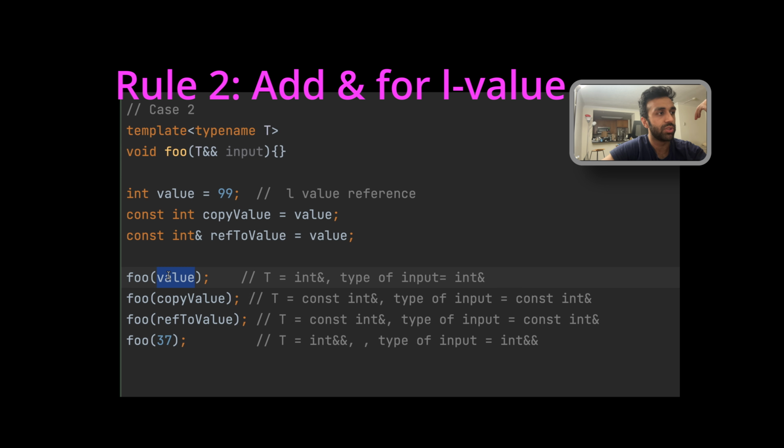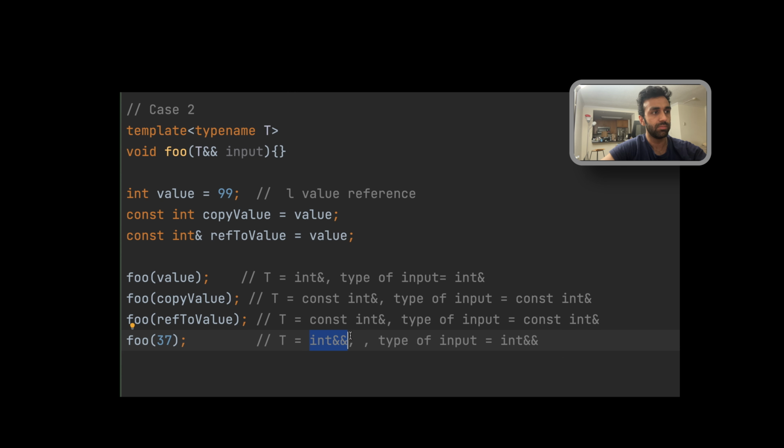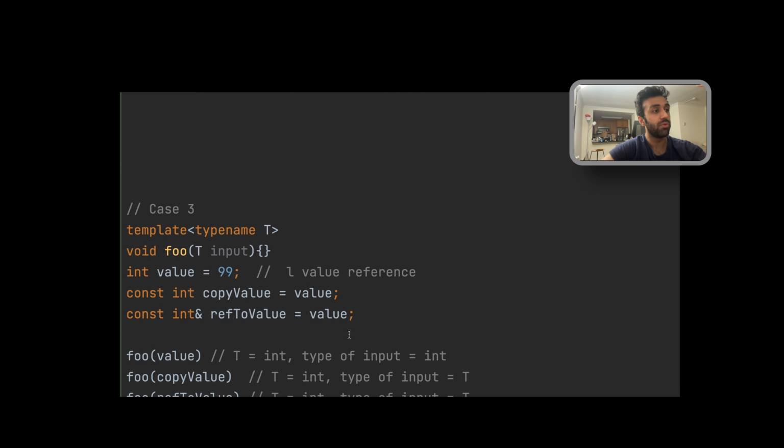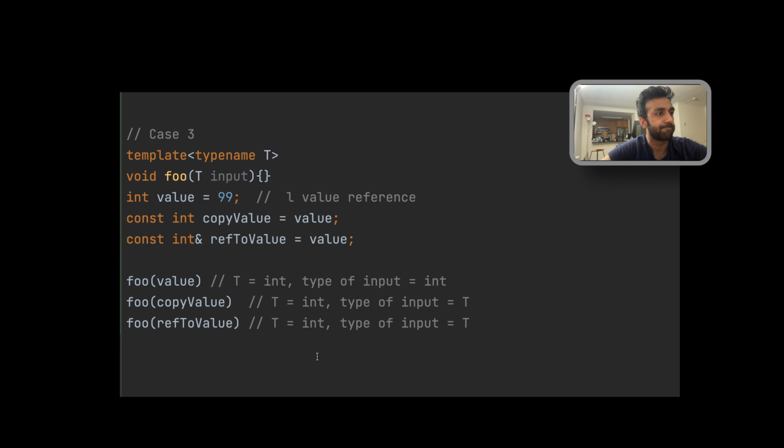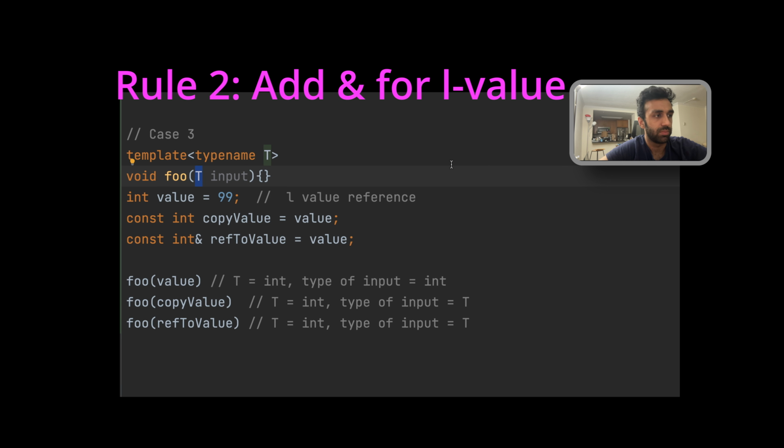For example, here value was an L value reference, so we add a reference. If we don't have an L value reference, we have an R value reference, then we treat it as an R value reference. Okay. And the third rule was that for function templates that have arguments by copy, we drop the const also. So here we drop the const also, and we get int.